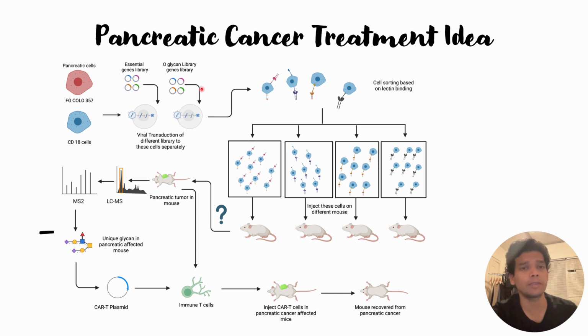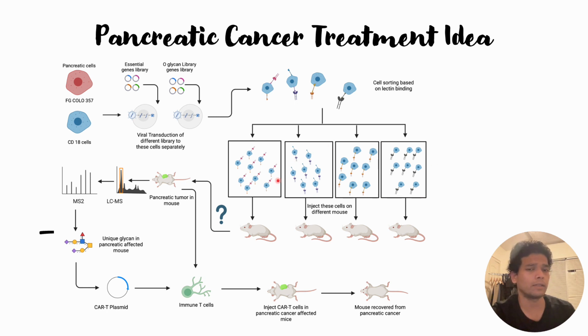Cells that lack some of the O-glycan genes will produce a different O-glycosylation profile, and that will be reflected in the lectin binding. So this cell sorting will be carried out based on the lectins that are responsible for O-glycosylation and other glycosylation.